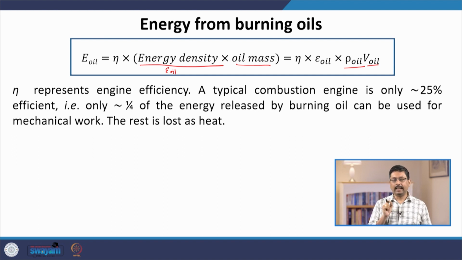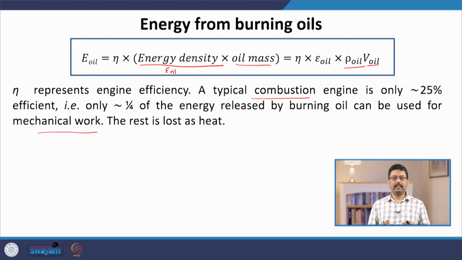Now, here is another important point that we have to factor in. The combustion engine, the type of engine used in a car, is not 100% efficient, which means that not all of the energy released from this chemical reaction can be used to do mechanical work, which means to drive the car.